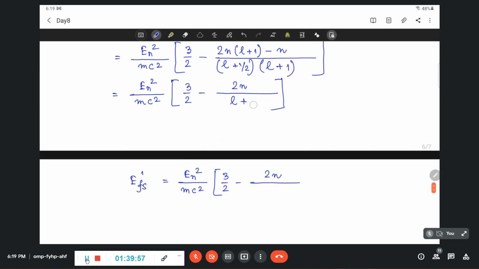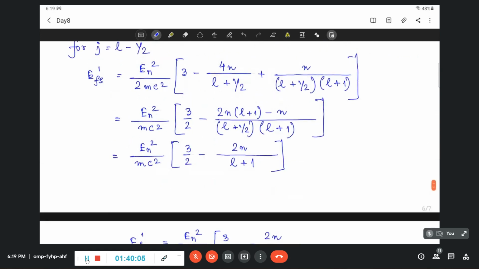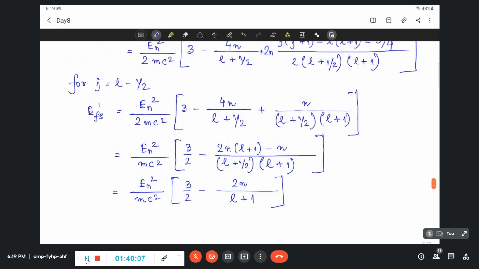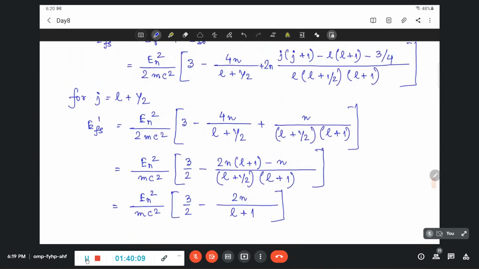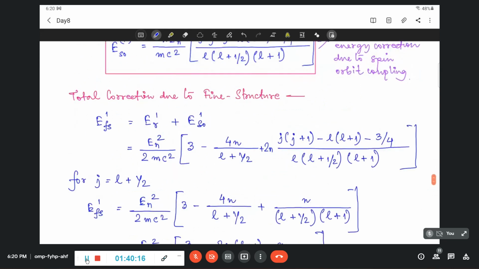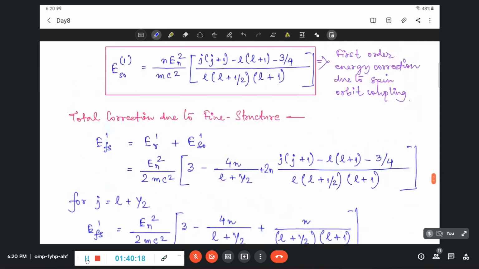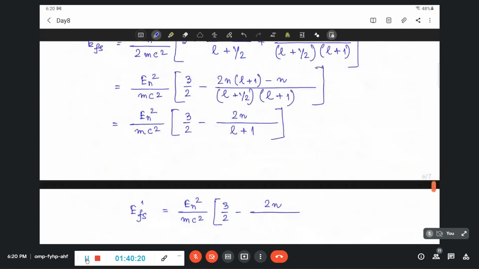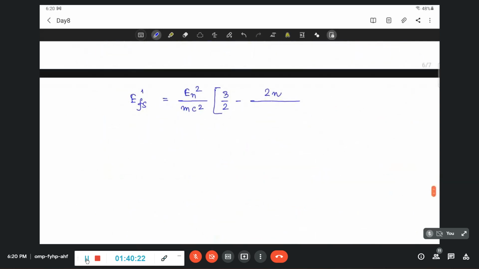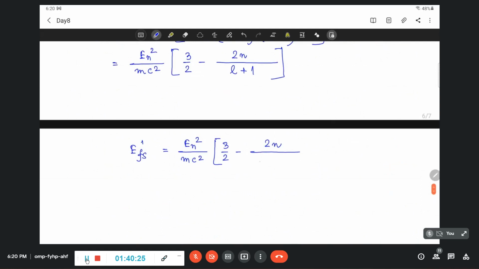Sorry, I missed something. This one is half. I have done something wrong. Oh, sorry, this is the case for L plus half. I had written something wrong over here. Yes, L plus half gives you L, and then all this you have to do, and you find that if you convert this L with respect to J, you will have J plus half.